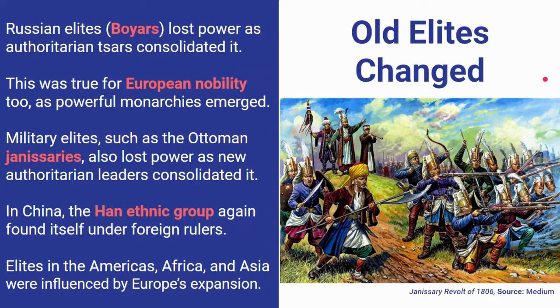And then, of course, in the Americas and Africa and Asia, anywhere that you had Europeans influencing or interacting with local groups, the fortunes of the elites in that area were very much basically toys of the European powers. So we talked before and in the DBQ about how the Bengalis, who allied themselves with the French, found themselves suddenly in a diminished status because the British won.